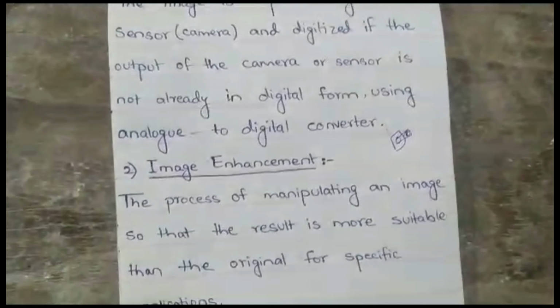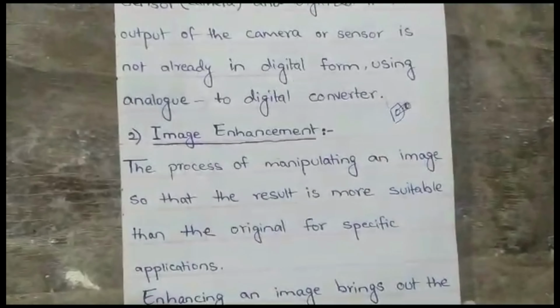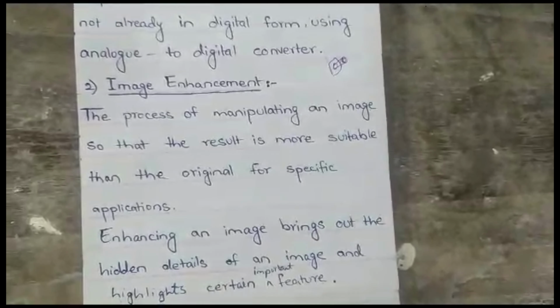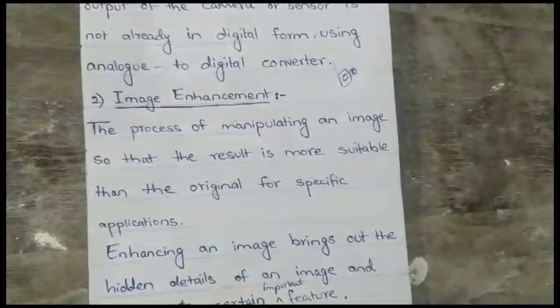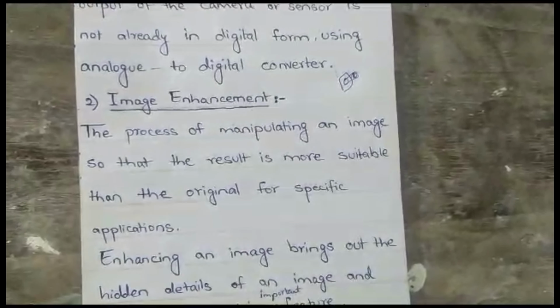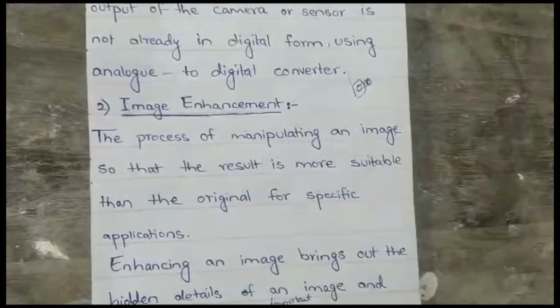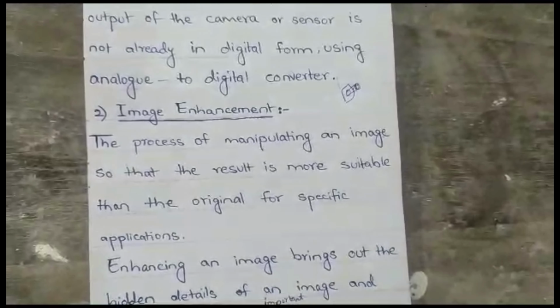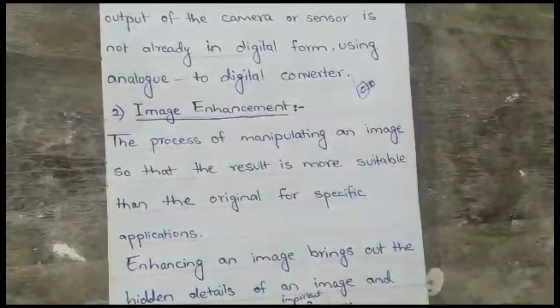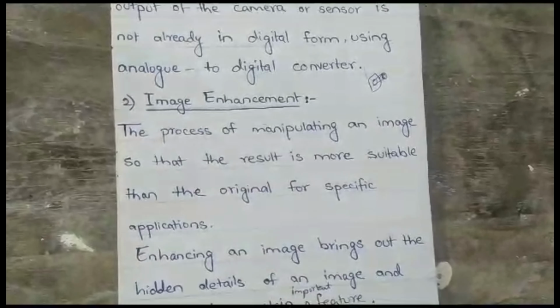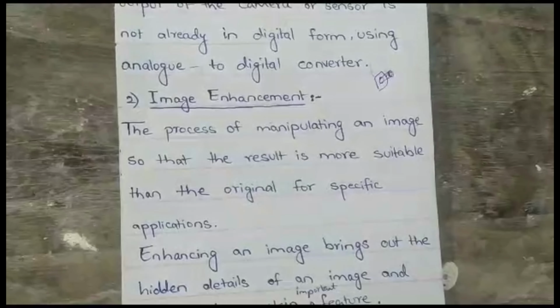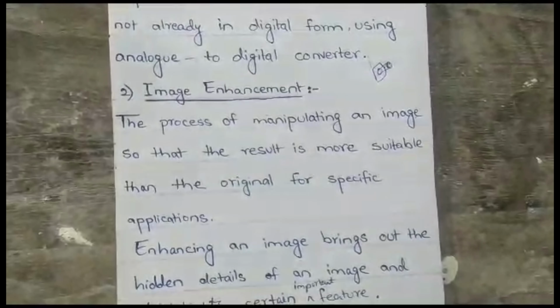Next comes image enhancement. This includes the process of manipulating an image so that the result is more suitable than the original for a specific application. If your image is blurred or something, you must go through this block, image enhancement.